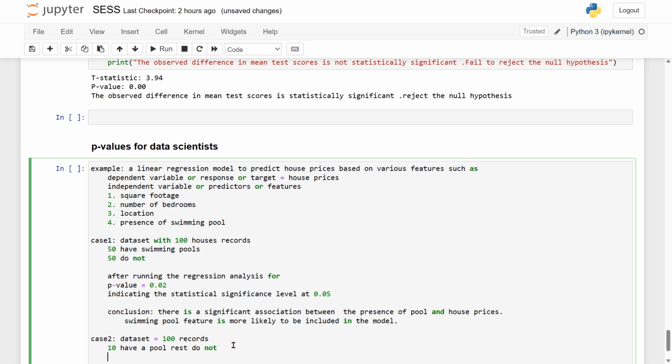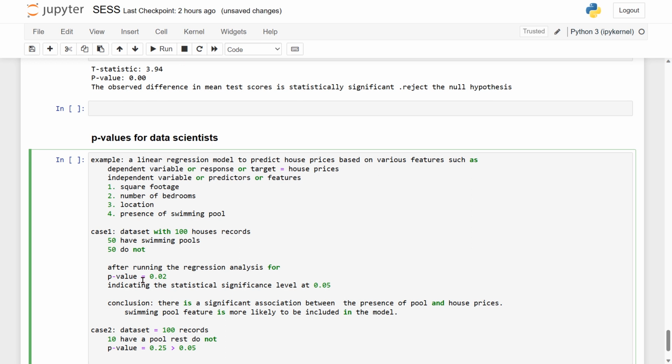After running the regression analysis, the data scientist calculates the p-value for the swimming pool, and he finds that the p-value is 0.25. Obviously, it's not lesser than 0.05, it's greater than 0.05. Hence, it indicates that there is no significant association.